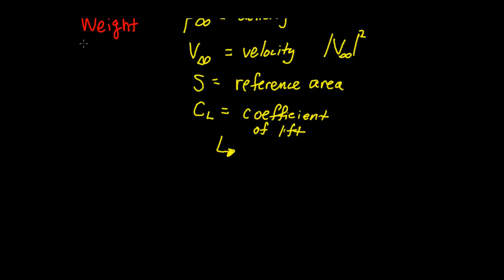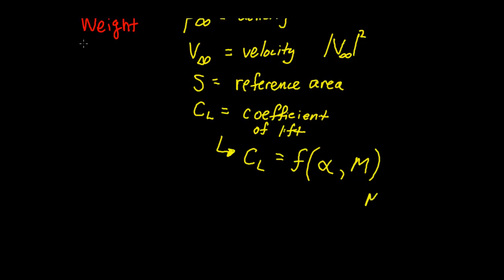Coefficient of lift is a function of several things. It's a function of alpha, which is the angle of attack, and it's also frequently dependent on the domain of flight. And we can characterize the flight regime by this big M. So M is the Mach number.